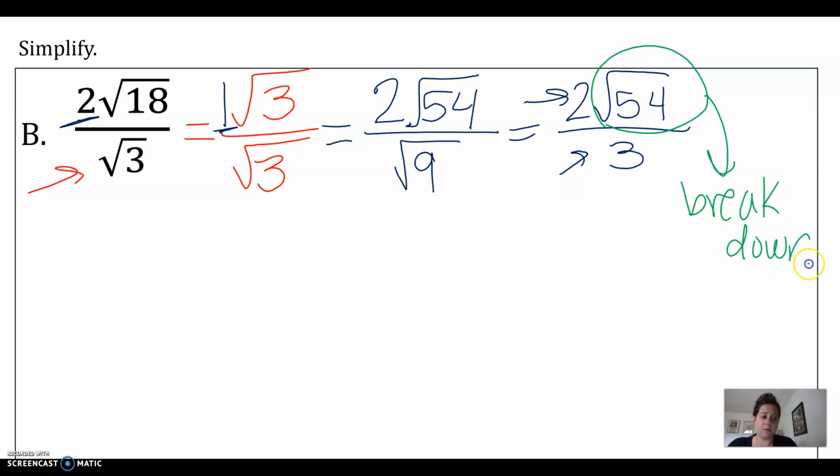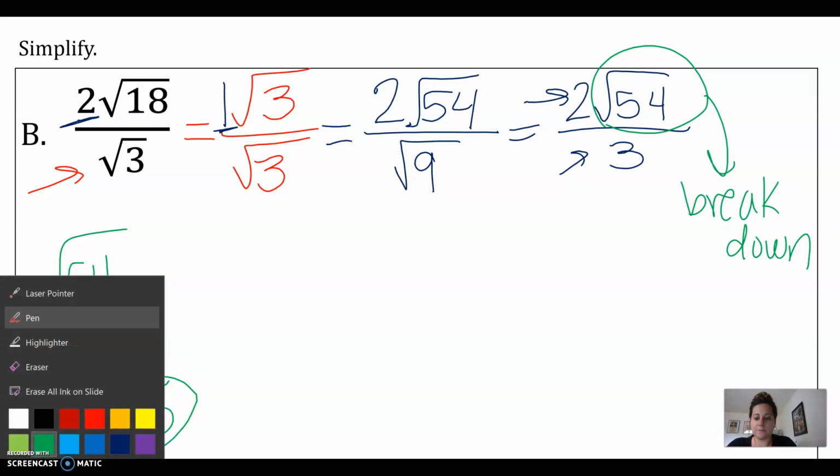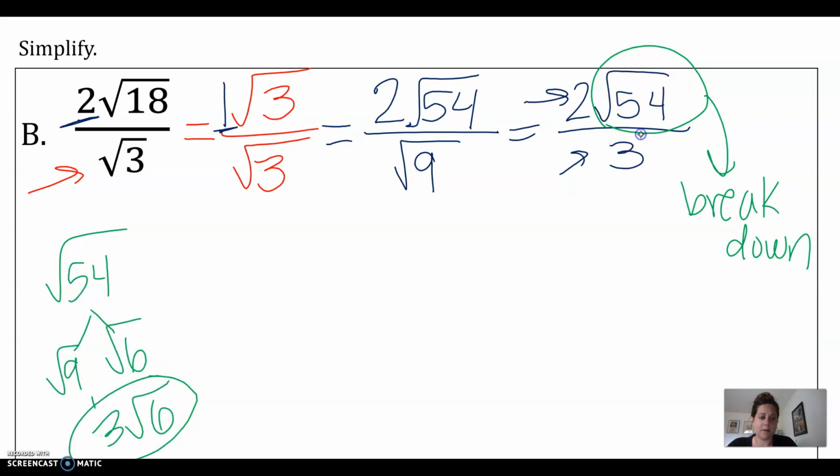And this is what we've been doing for quite a while now. So I'm going to take my 54, and I'm going to break that up into the square root of 9 times the square root of 6. So I get 3 radical 6. So this is now going to replace this up here.